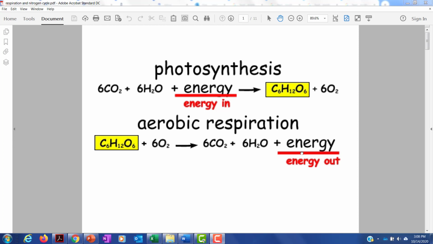Energy in, energy out. Plants trap sun to make energy, trap it in this chemical energy. We take the product, the plant, combine it with oxygen, produce carbon dioxide, water, and we get the energy out.